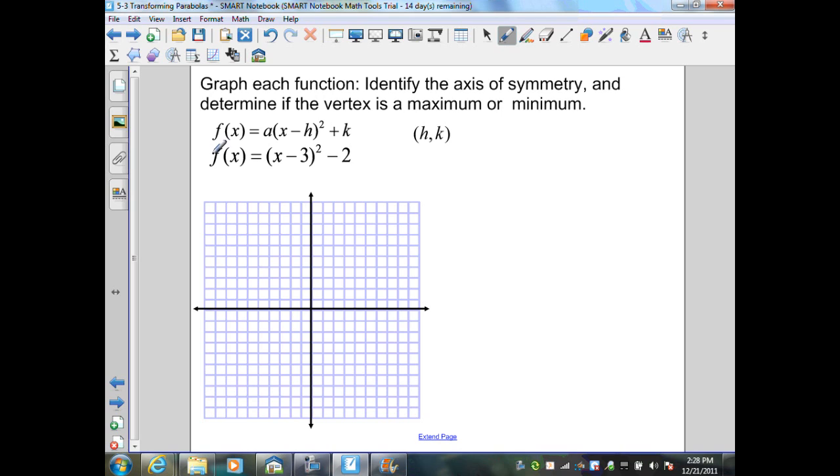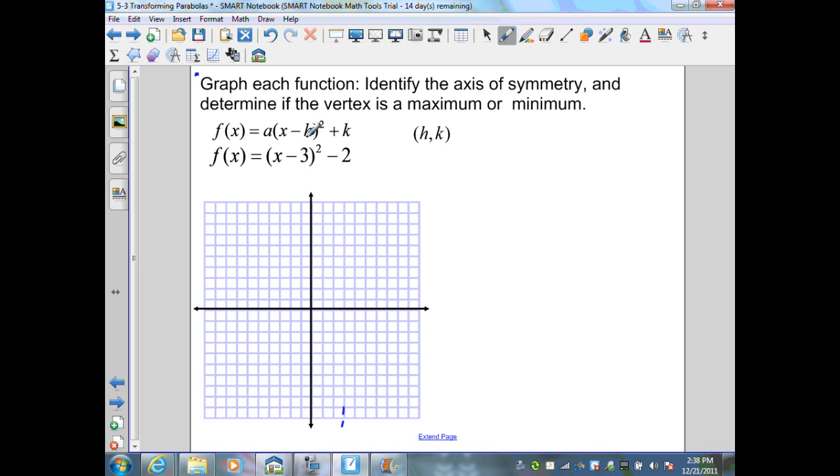Here, we have a function that we want to graph. It is f(x) = (x − 3)² − 2. The vertex form of a quadratic function is f(x) = a(x − h)² + k. If this is our general form, and this minus remains inside my function, then that tells me that h is positive.